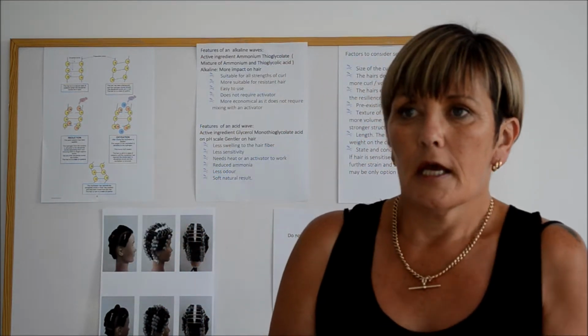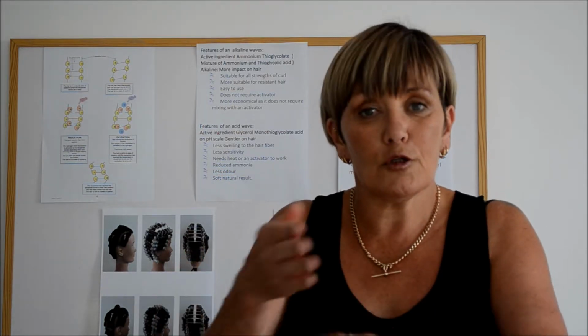Other factors that influence the processing time frame could be that if you're wanting a firm result, you need to ensure you've selected, one, the right rod and solution strength, but two, you are processing your perm to the manufacturer's recommendations and long enough when you do your test curl to produce that firm result.